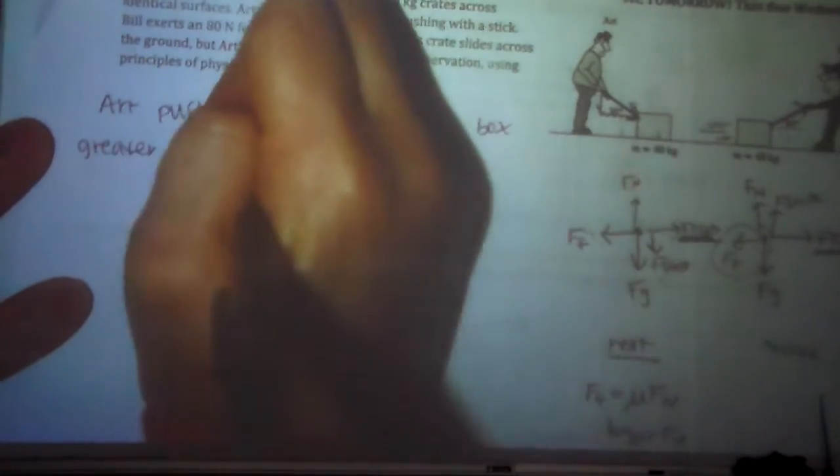So our explanation is that Art is pushing down on his box, which leads to a greater normal force on the box. And I would put in parentheses that your normal force is the gravity plus the F sine.